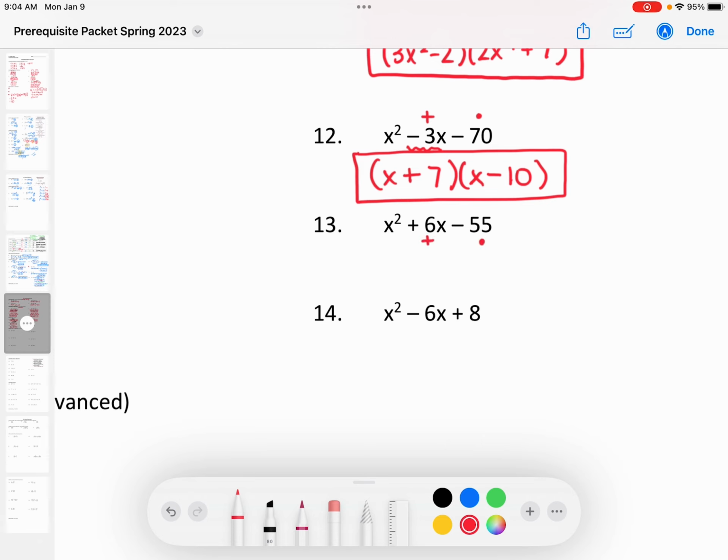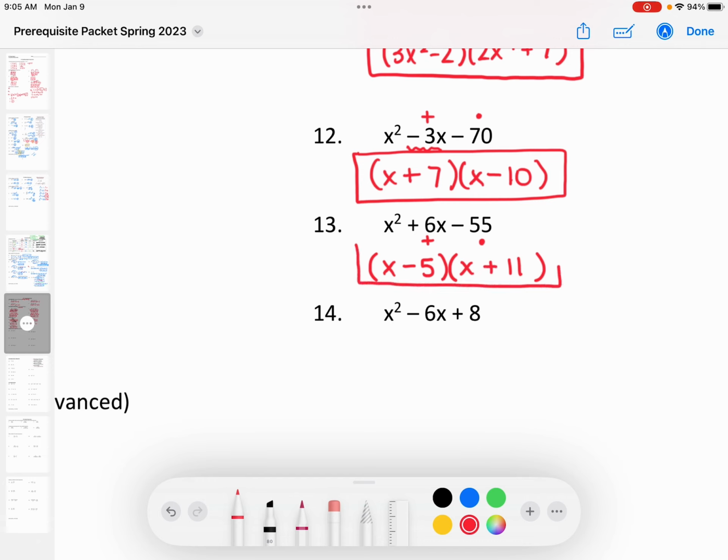You could go ahead and try these before you watch me do them. I was thinking of 5 times 11. And then if we make the 5 negative and the 11 positive, that would add to make 6.